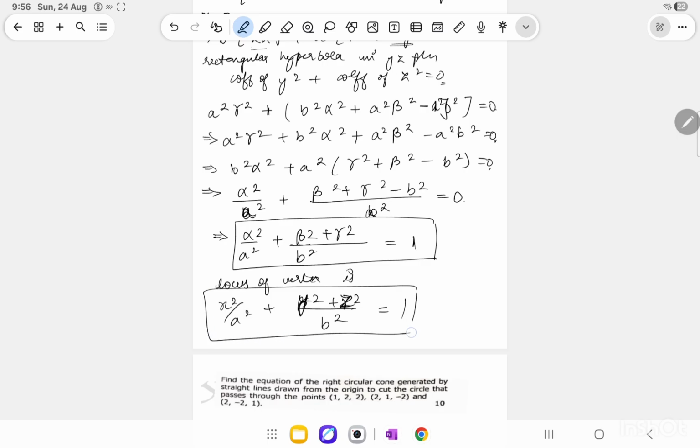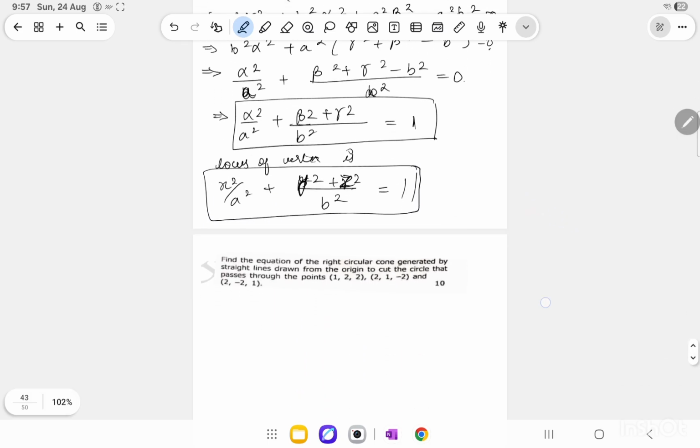So this is basically the locus of the vertex. So the locus of the vertex is x²/a² + (y² + z²)/b² = 1. So this is basically the locus of the vertex.